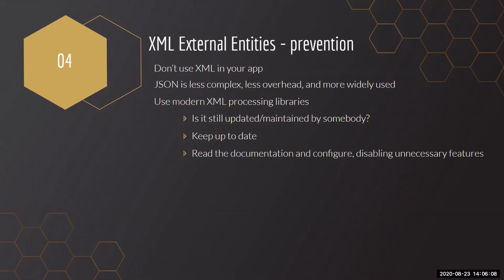Read the documentation for that XML parser as well. They all have their different ways of configuring it and disabling any features. For example, feature-wise, you can actually just disable external entities and DTD processing in your XML parser. These days, most of them allow you to do that.